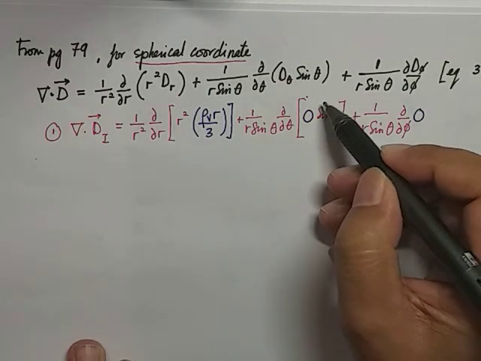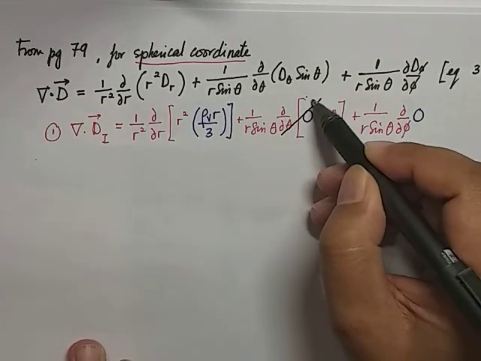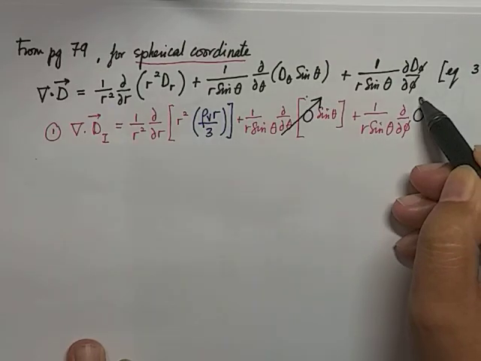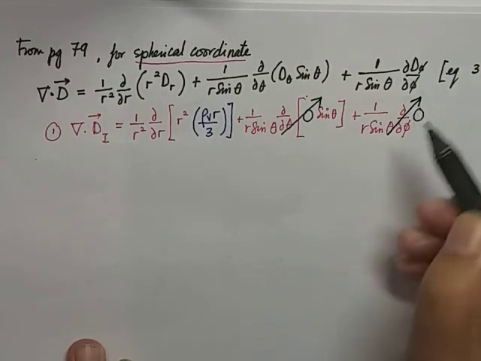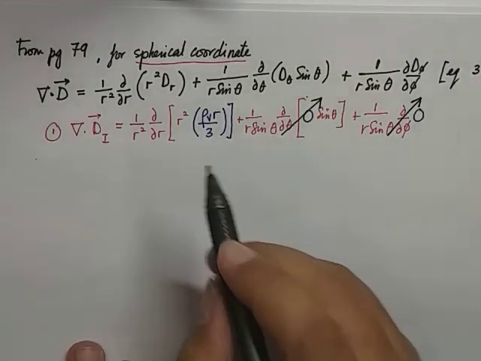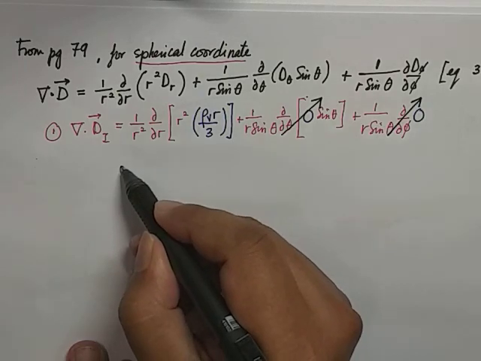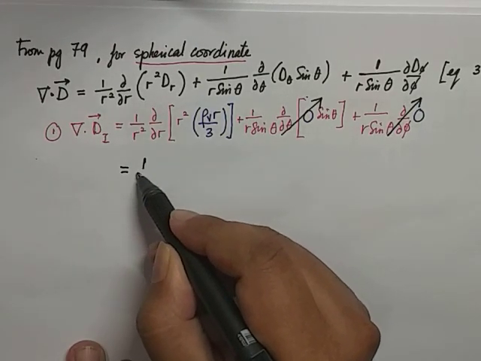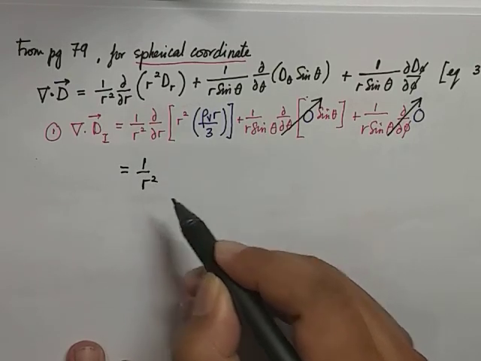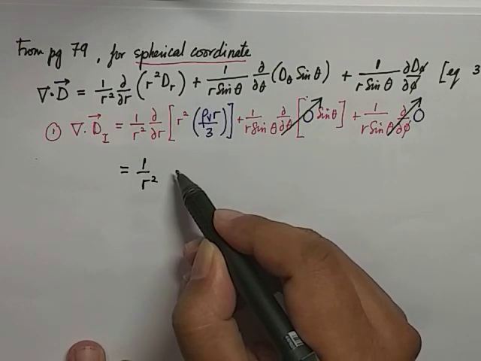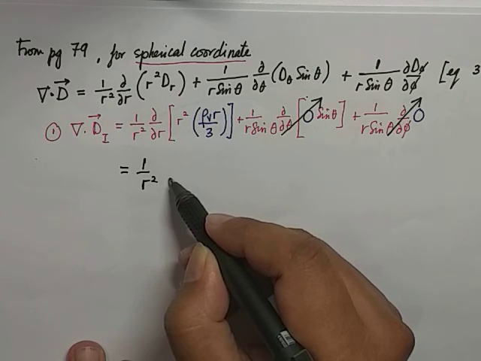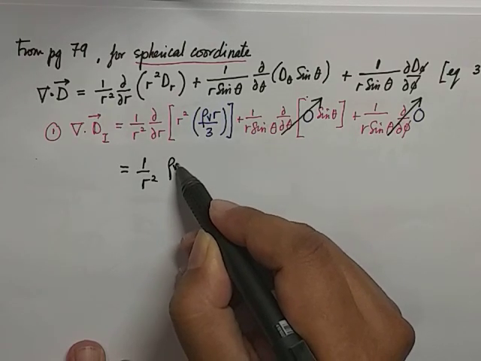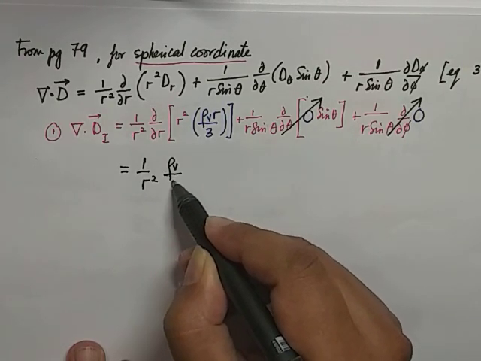When you solve the mathematics now, the term here becomes 0, and the term here also becomes 0. We only end up with the first component. If I do the mathematics, we have 1 over r squared. Then I can take out rho v, and I can take out 3 as well.